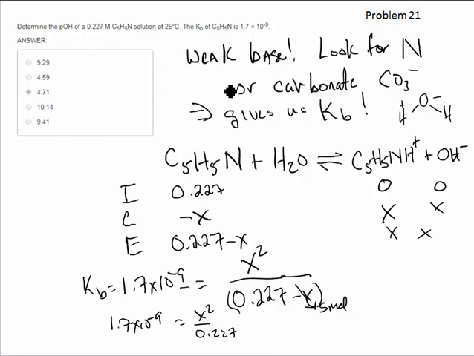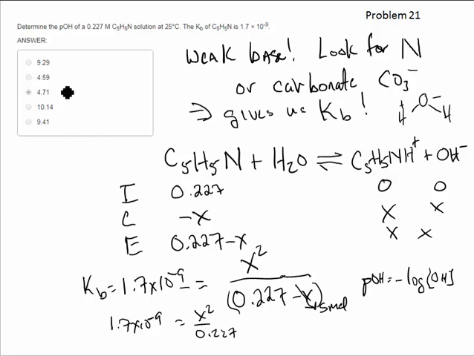And then, once we know the OH minus concentration, that's this, right? We're going to just make the pOH. And that pOH, again, is minus the log of the OH minus concentration, right? And that's what's going to lead us to this answer there.